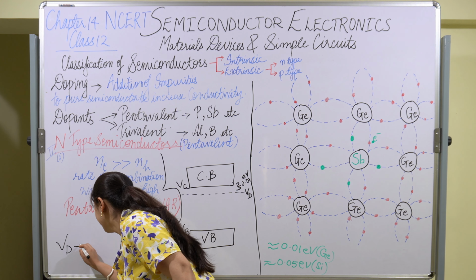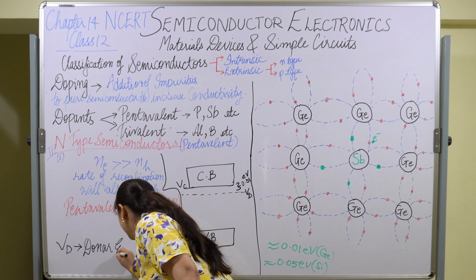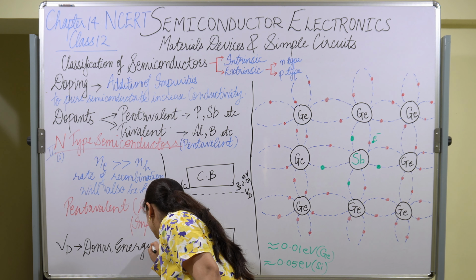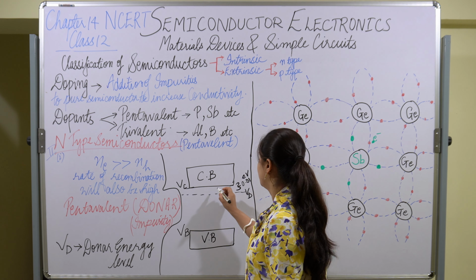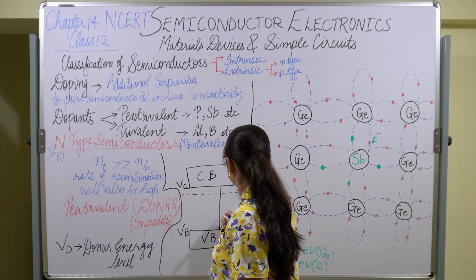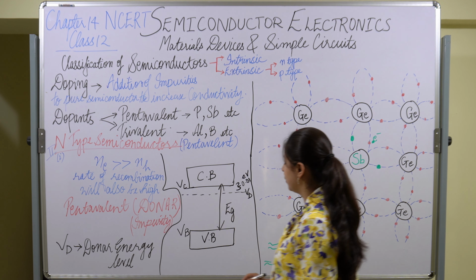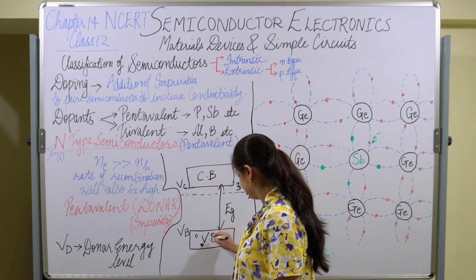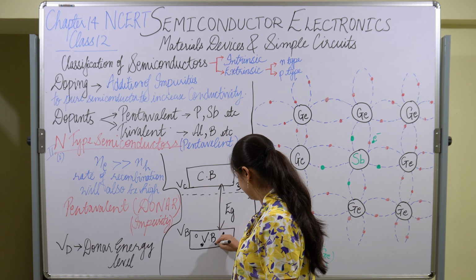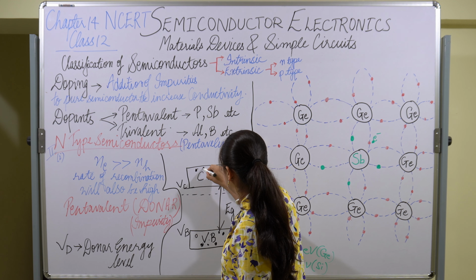So what is VD? Donor energy level. Eg is the gap. So there will be electrons in the conduction band also.